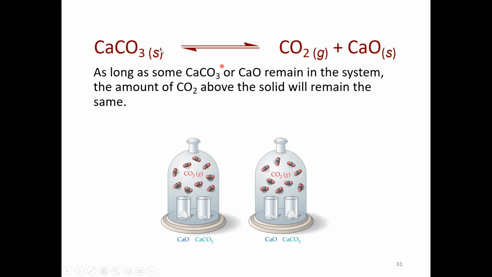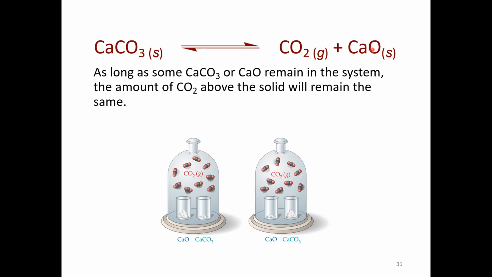And we can see something similar here. So in this case, it's going to be the decomposition of calcium carbonate into carbon dioxide and calcium oxide. So if we were to write the equilibrium expression here, it would simply just be the concentration of that carbon dioxide.